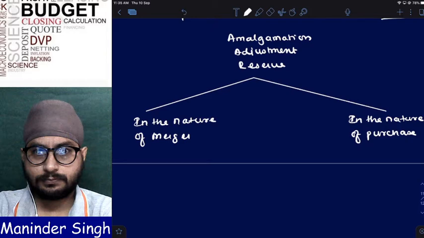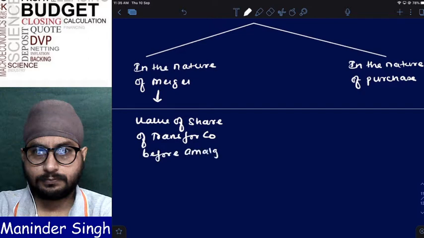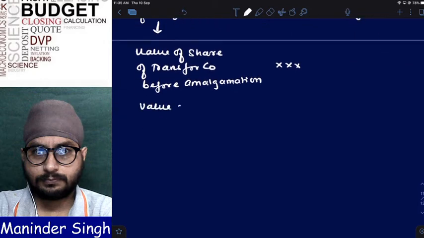If it is in the nature of merger, yesterday only I told you how to calculate: value of shares of transferor company before amalgamation minus value of shares of transferor company after amalgamation.